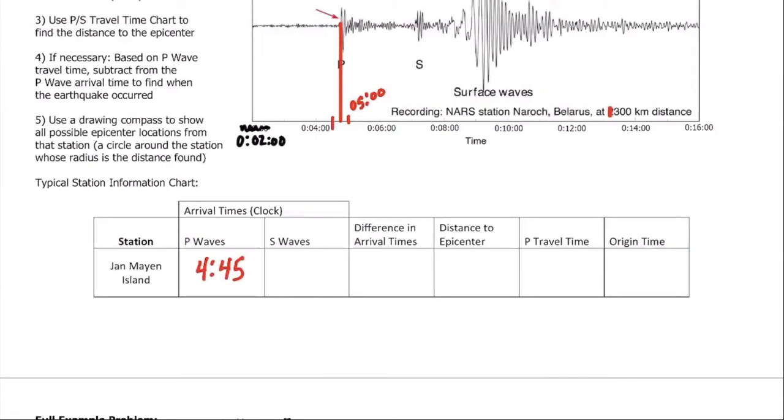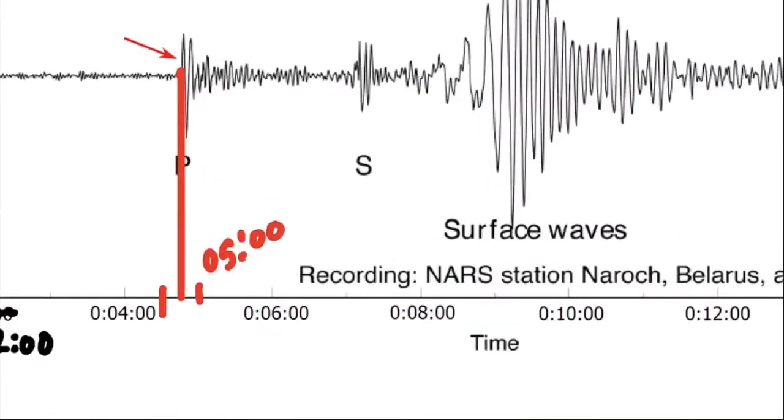Okay, so we'll do the same for the S wave down here. I'm going to find that little spike right there where it first starts to go up, and I'm going to go down to the axis. And so there we go. This is 07 right here on that little tick. So I'm a little over 07, about halfway between 7 and 7:30.